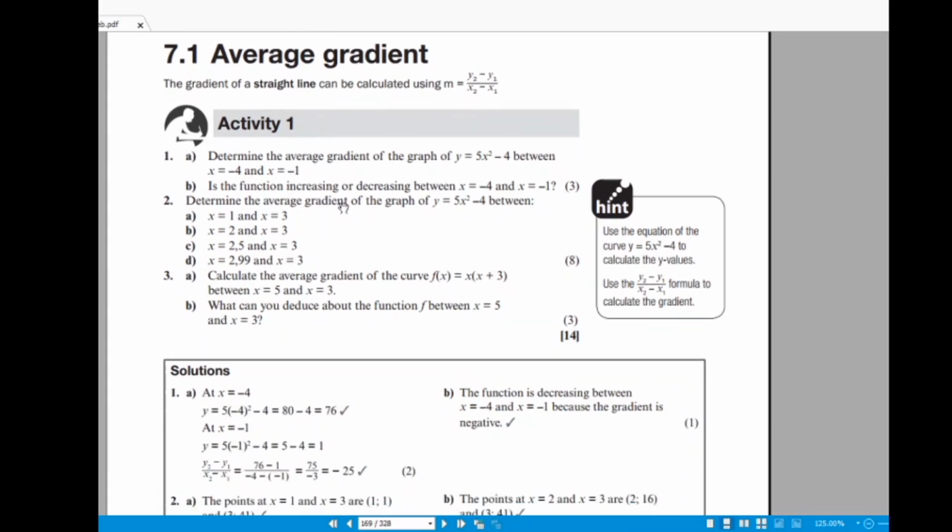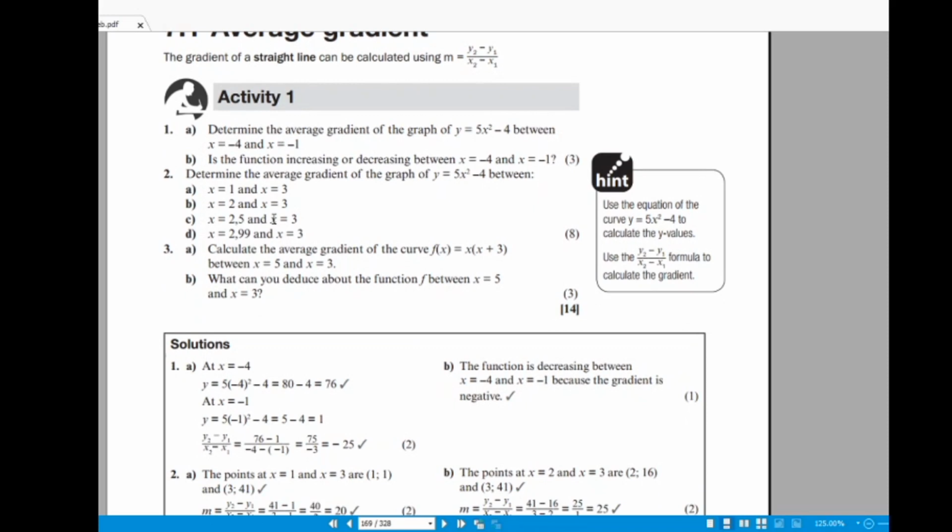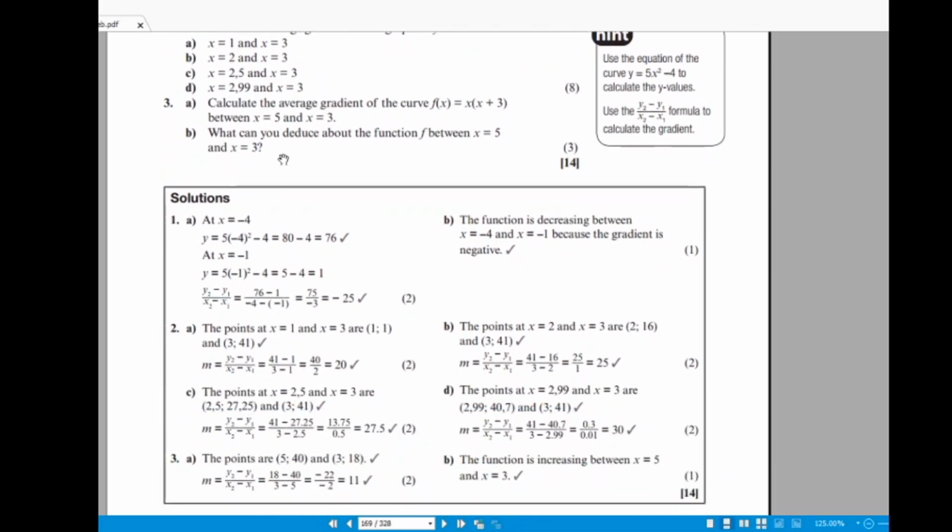In activity 1, they're just calculating a gradient between 2 points, which we all know by now.